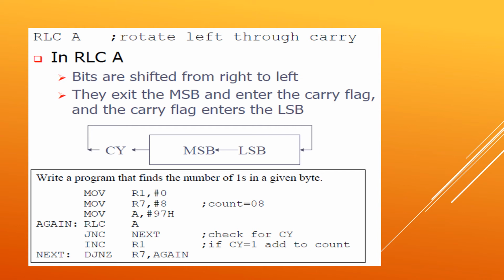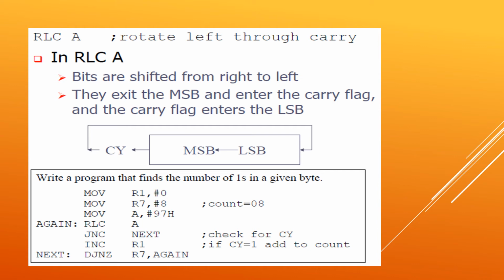Now what we are doing? Rotate left through carry. The accumulator is containing the number 97. So it will get rotated and the carry bit we are checking. JNC, jump if not carry. If carry is not set, then jump.